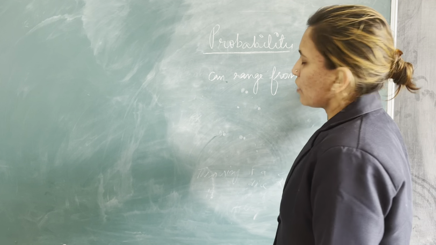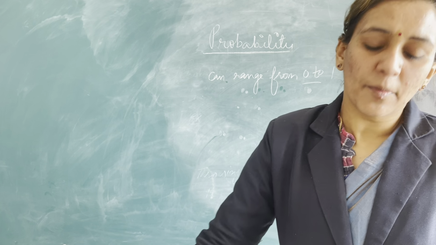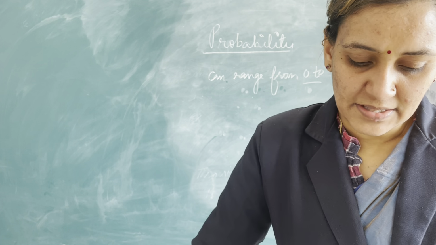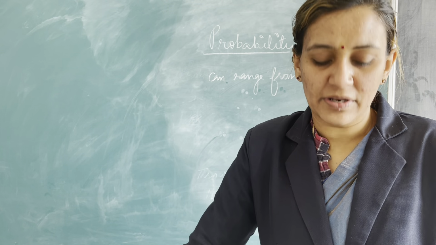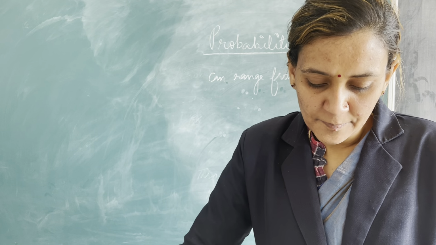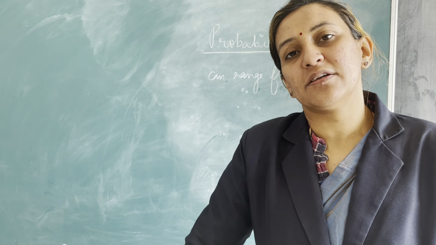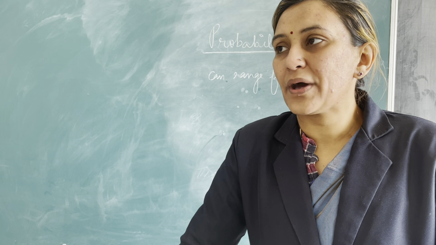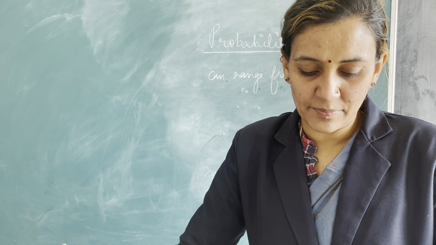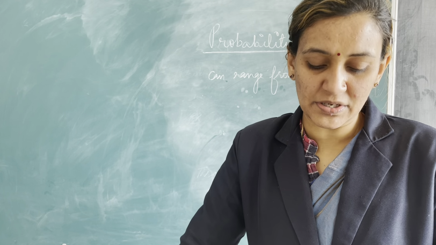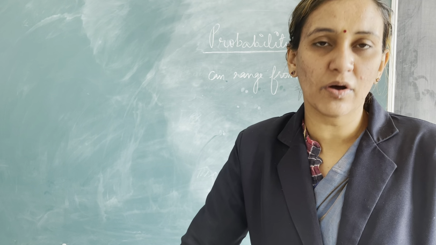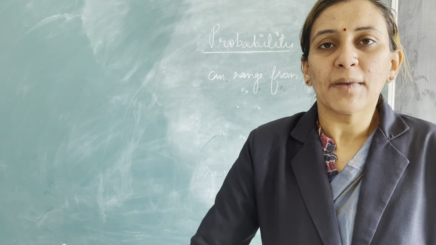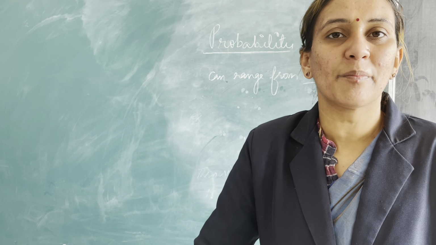A probability of 0 means that there is no chance of an event happening. For example, if I ask you what are the chances of rain on a sunny day, you will say, ma'am, there are no chances. So the probability is 0.